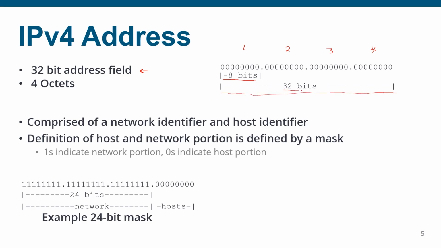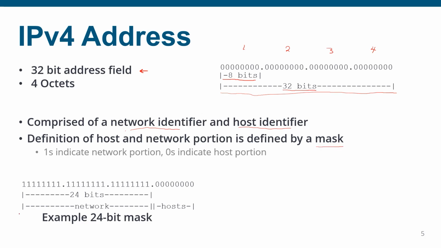So the IPv4 address, when mixed together with a subnet mask, is comprised of a network identifier and a host identifier. The definition of host and network portions is defined by the network mask.